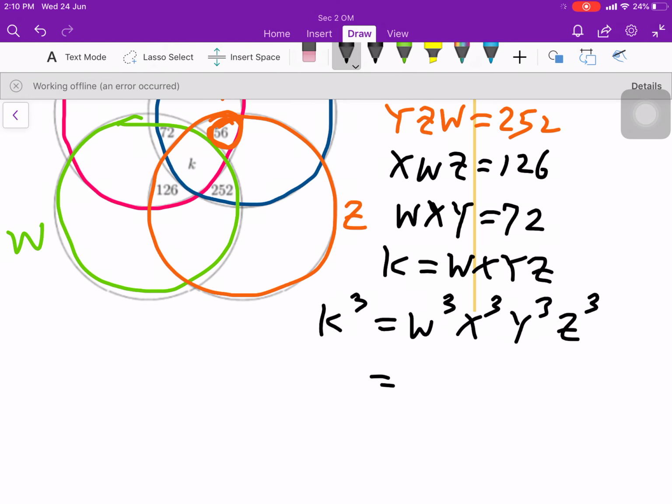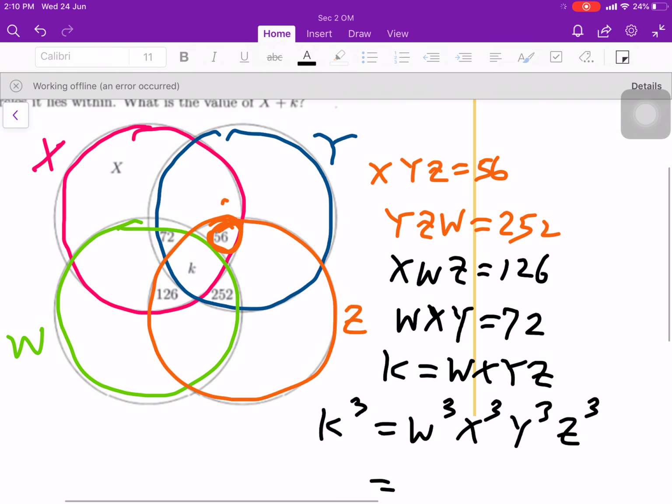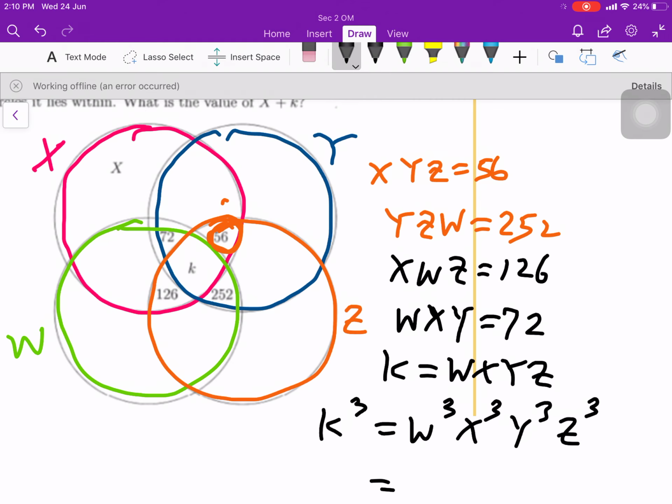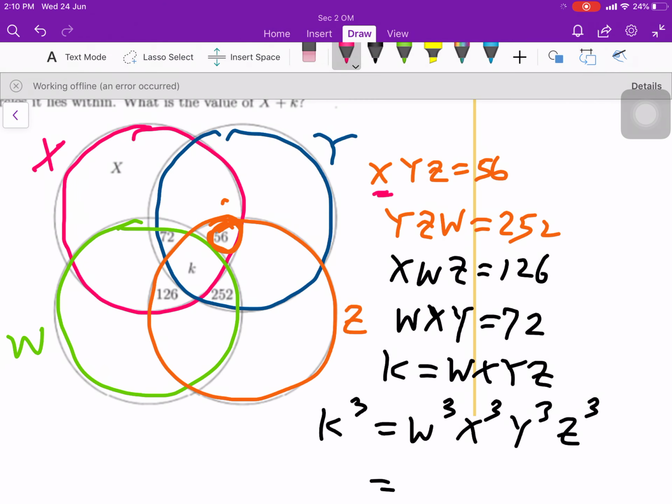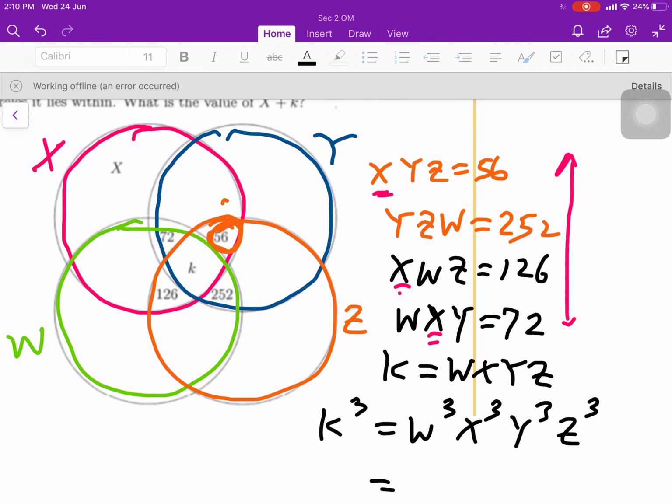If you look at this product, can you see that x appears how many times in these four equations? Can you see that x appears here 1 time, 2 times, 3 times? Therefore, basically you just need to multiply all of these, because all the letters appear 3 times. That's why you can get your x cube, w cube, y cube, and z cube.